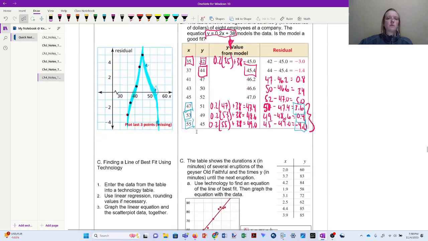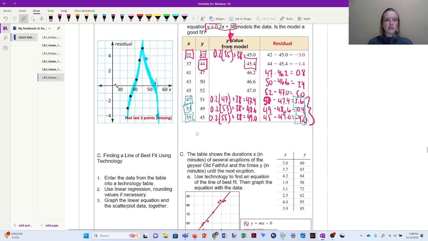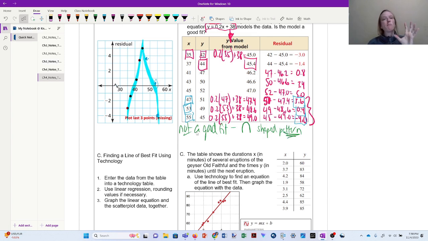And so that's what we will say here, that this is not a good fit. It's not a good fit because it has a kind of upside down U shaped pattern. And what a pattern means in this context is, if you have a pattern to the residual graph, then that suggests that the data are not linear.